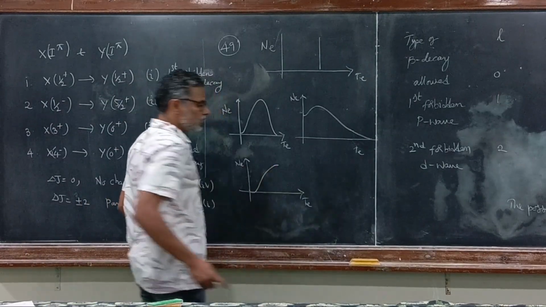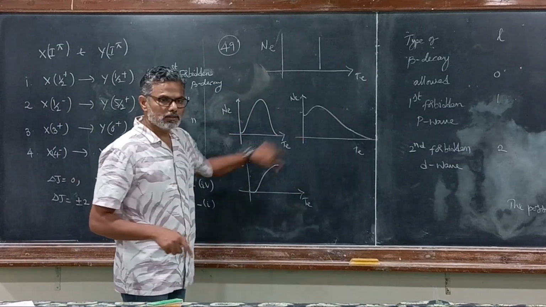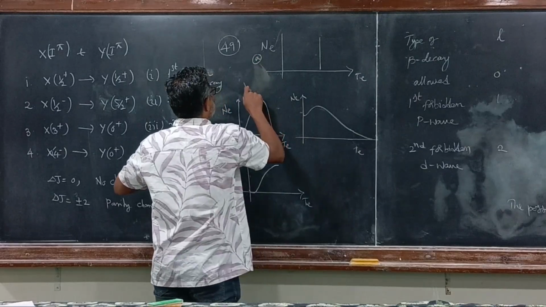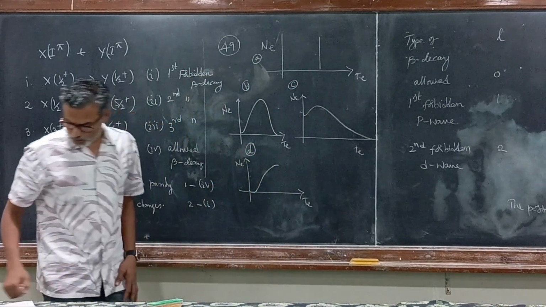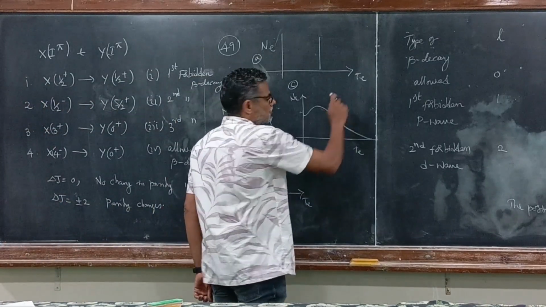Let's understand what is the meaning of each term. Let's put this A, this is B, this is C, and then D. So which one are you trying to say? C. So C is the answer.